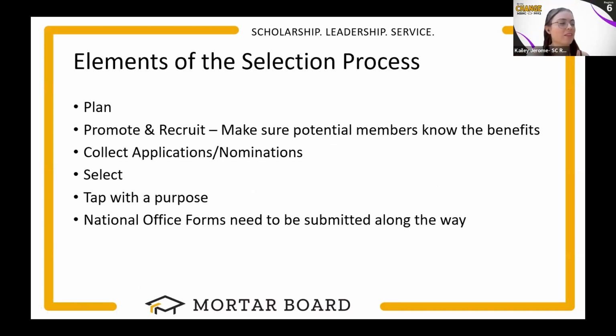Okay, so this is just a very basic, bare bones outline of what selection kind of looks like. You're gonna want to start planning early. So if your selection is in the spring, you'll want to start right away. Then you're going to want to put that plan into action, start promoting your organization, recruiting.